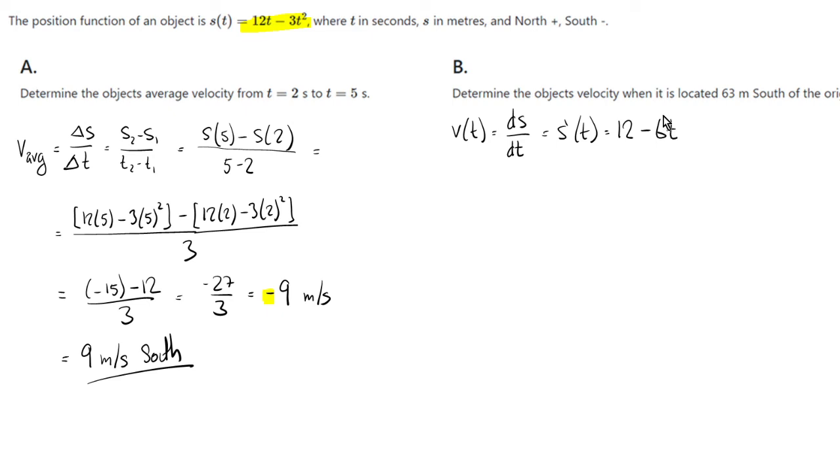Now, in order to determine the object's velocity, we're going to need to have the time. And so we need to determine the time t using the original position function.